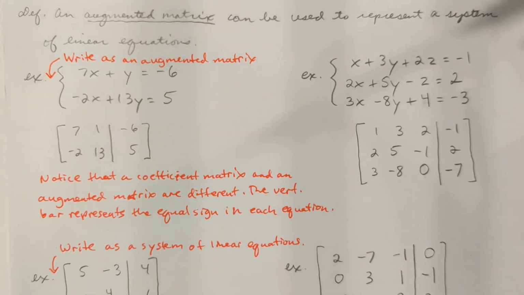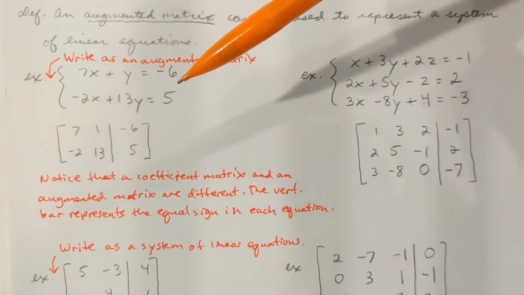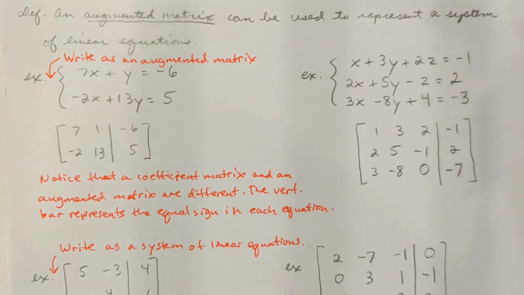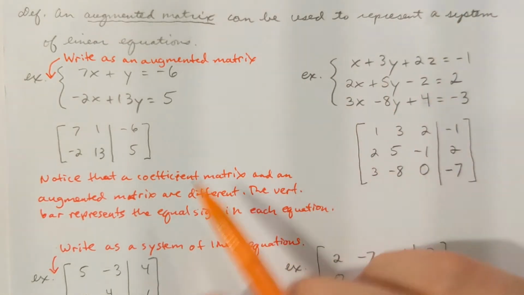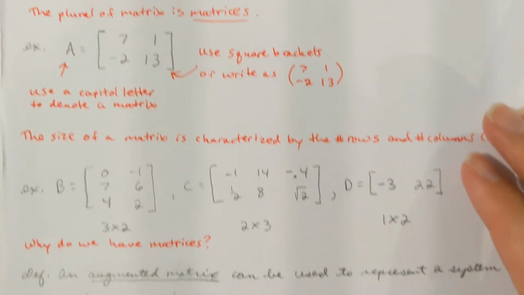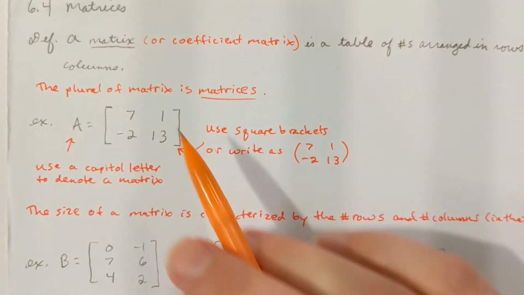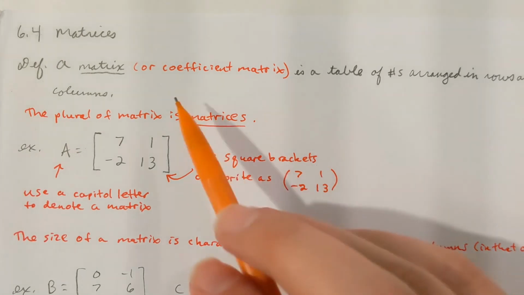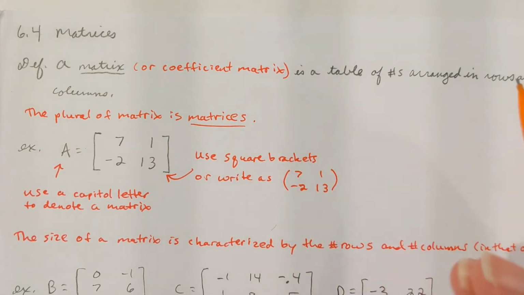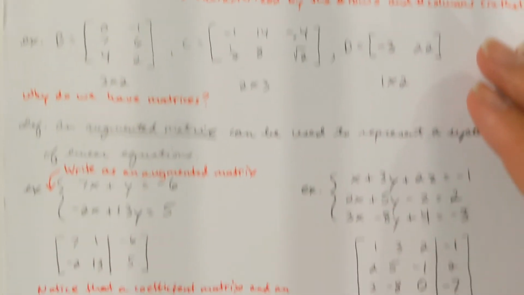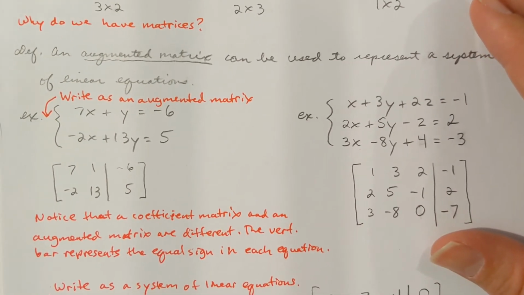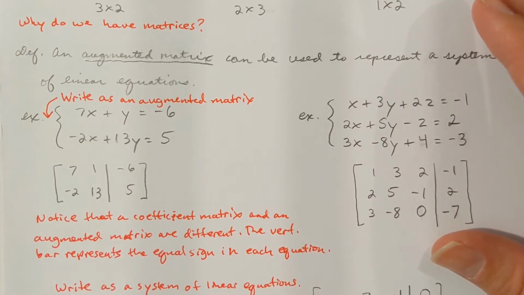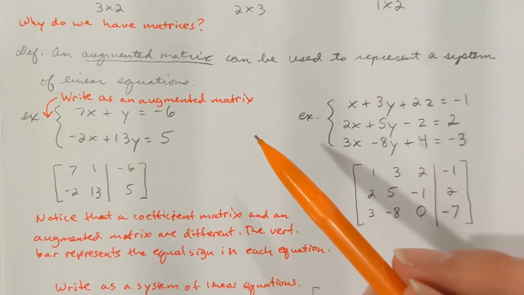But if I didn't write that vertical bar, then it would be understood as a coefficient matrix. A matrix or a coefficient matrix is just a table of numbers arranged in rows and columns. A coefficient matrix has no direct connection to a system. It's just a table of numbers. So in order to represent a system, we're using an augmented matrix.